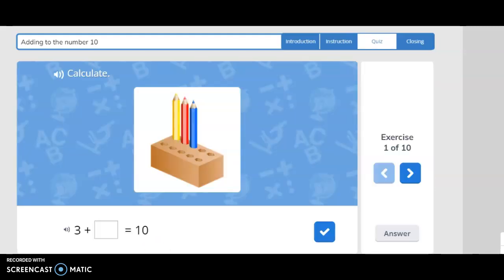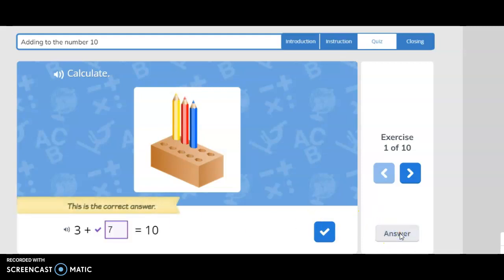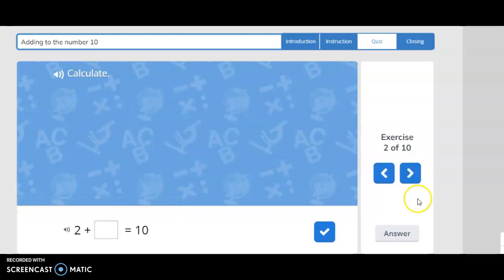Okay, let's do some examples here and do a quick review. Calculating. 3 plus what will give me 10? Give you a second. If your answer was 7, you are correct. 2 plus what will give me 10?